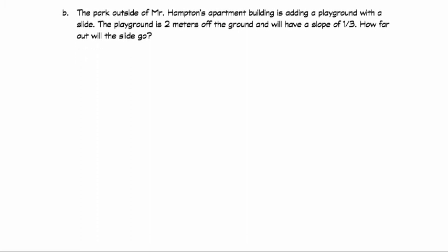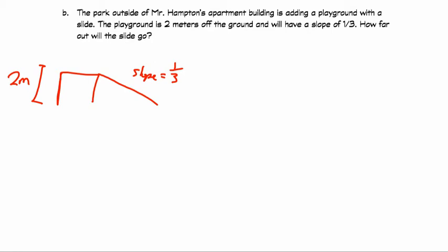Now here, outside of my apartment building, they are adding a playground with a slide. The playground is 2 meters off the ground, so our playground here is 2 meters, and they want to make a slide that has a slope of 1/3. So we have our slide, and the slope will be 1/3.